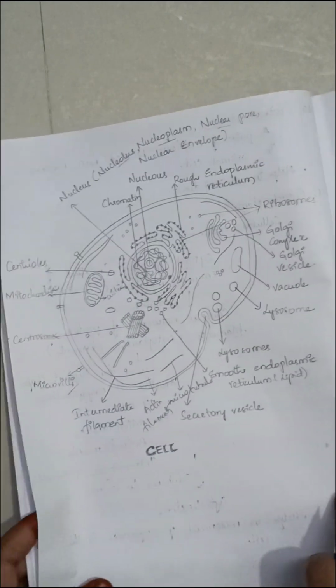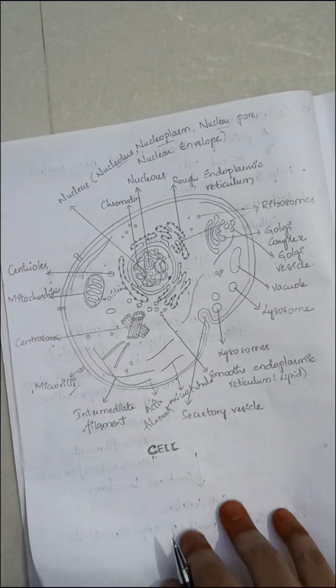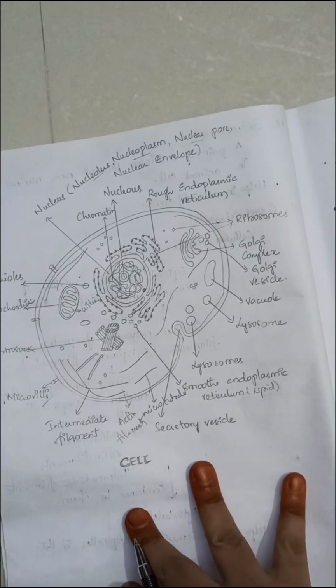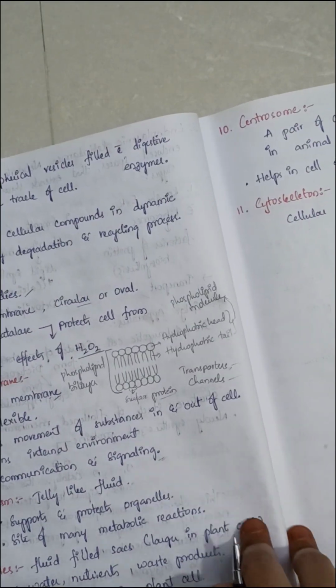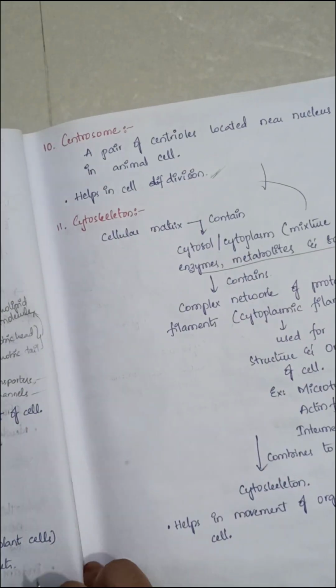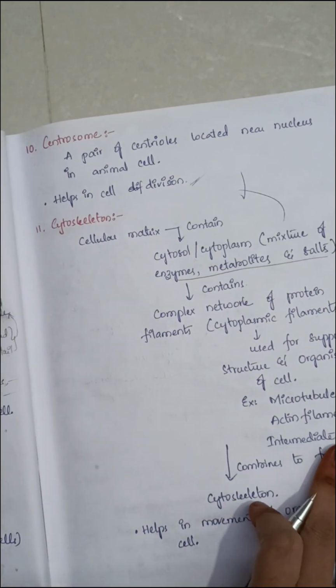These form the cytoskeleton, which gives structure to the cell. This is all about the cell and cell internal organs.